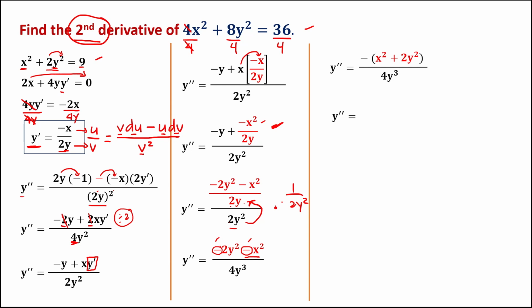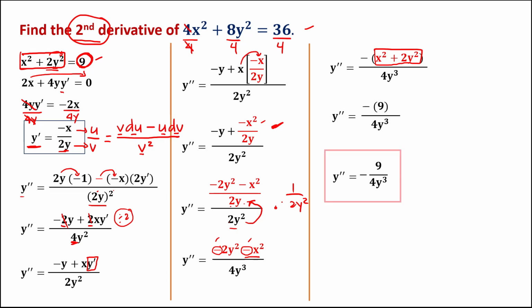Then observe, this positive x squared plus 2y squared is equal to positive 9. So this becomes negative 9 over 4y to the power 3. Therefore, the second derivative is equal to negative 9 over 4y to the power 3.